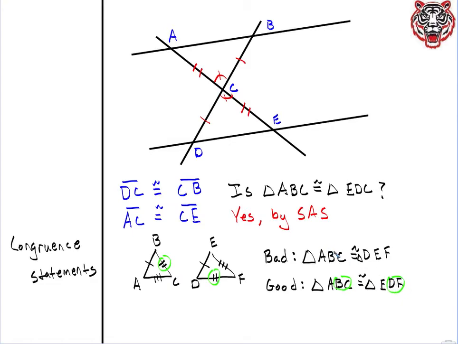In this case, BC corresponds, I said, with EF, and that's not the case. Look at EF. EF is 3 lines, not 2 lines. A correct congruent statement will have all 3 letters in the correct order when I write out the statement. So just be careful of that. All right, that ends the notes. Go ahead and write your summaries.